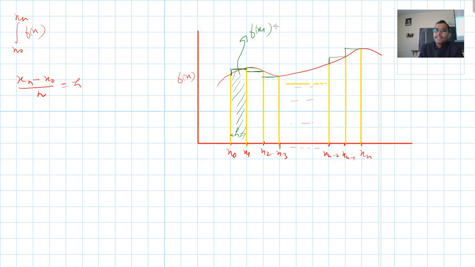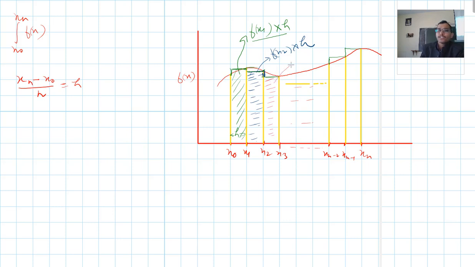So multiplied by h, it is the area of this first rectangle. Similarly, this distance is f of x2, so corresponding to it I can estimate the area of this second portion. Its area will be f of x2 into h. And similarly, I can estimate this area.